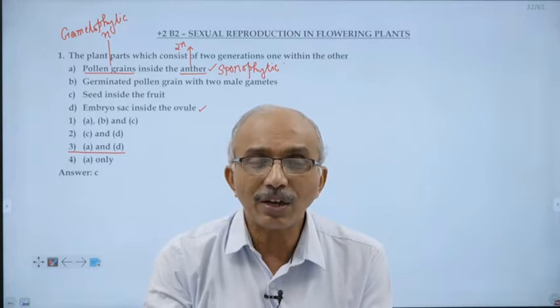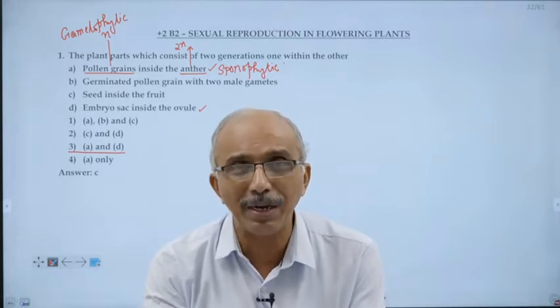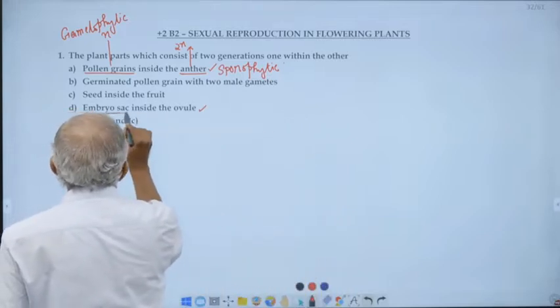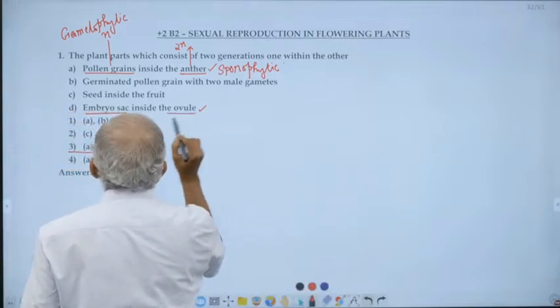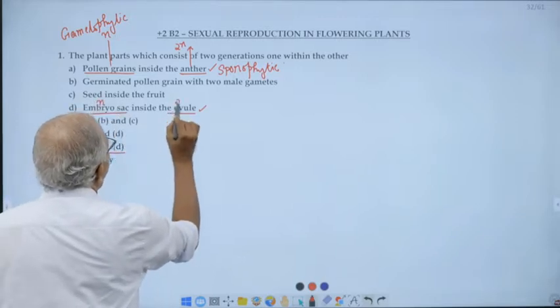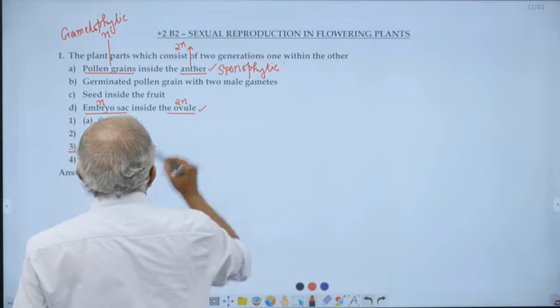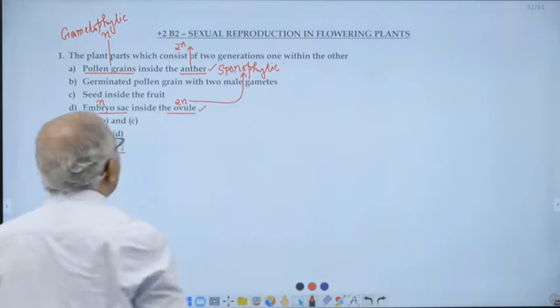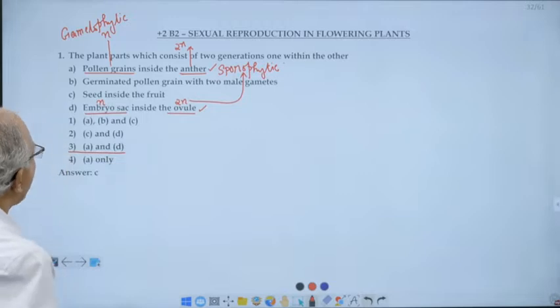The concept of the question is agreeable. Here next, embryo sac inside the ovule. Embryo sac is haploid, ovule is diploid. Since it is diploid, ovule is sporophytic generation.